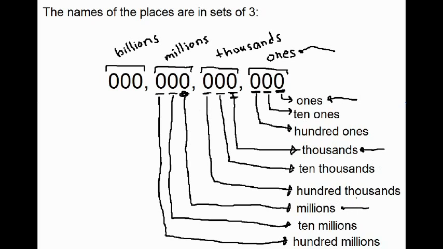And then working our way to the left, we then have 10 of those values, so 10 ones, and then 100 of those values, so next 100 ones. In the thousands place, to the left of the thousands, we have 10 thousands, and then we have 100 thousands. And then we have the name of the next place, millions, 10 millions, 100 millions. So what I'm going to encourage you to do here is try to figure out what the name of the next 3 places are on your own.